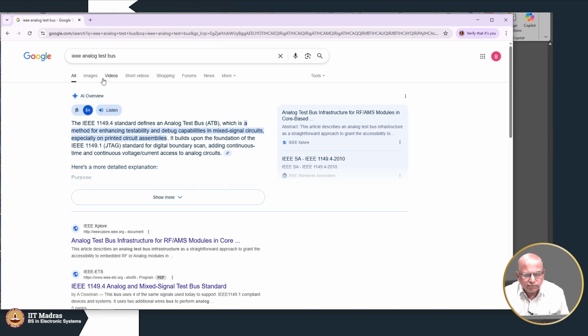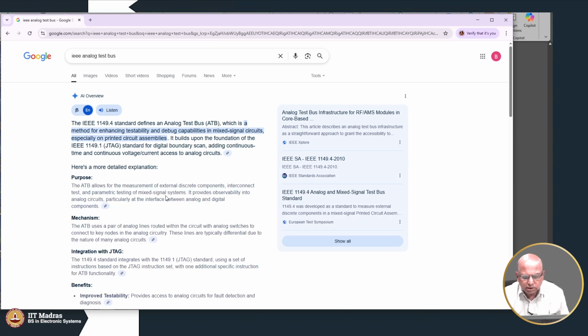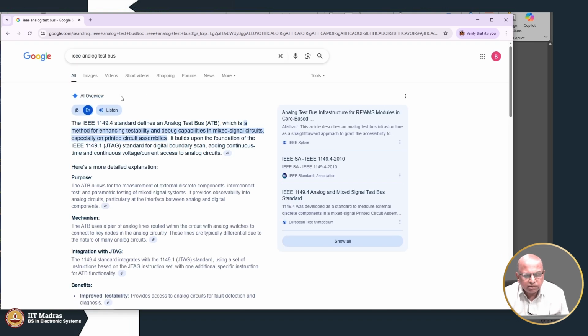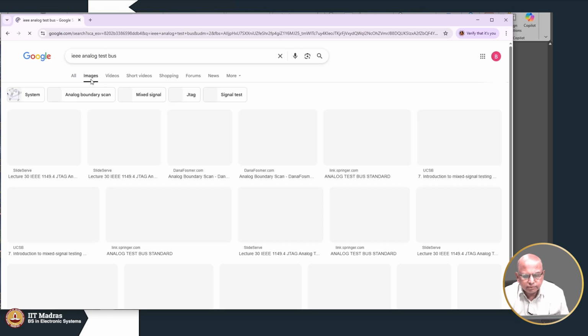So that is the 1149.4. 1149.1 is JTAG, whereas 1149.4 is the analog test bus. So we may even have a picture of this.